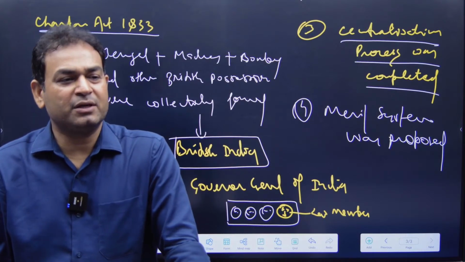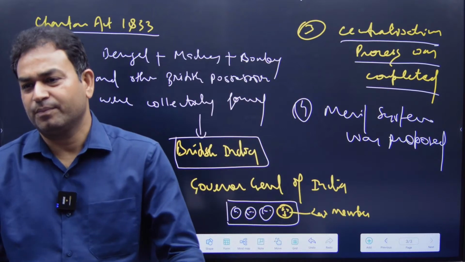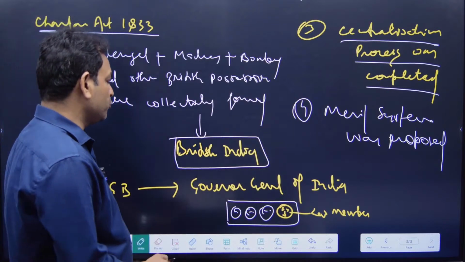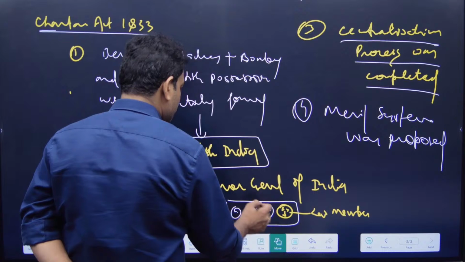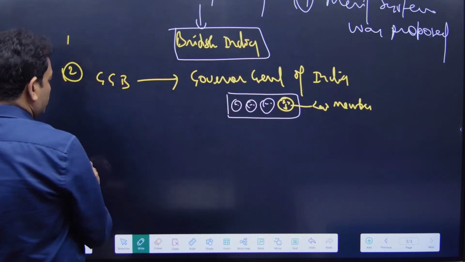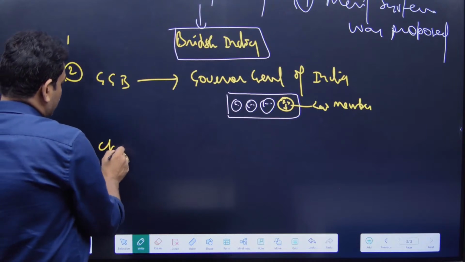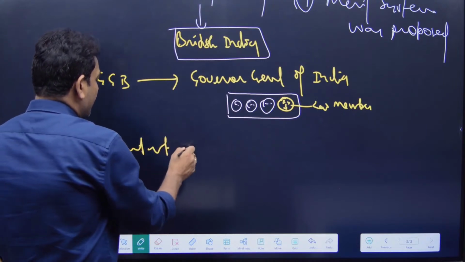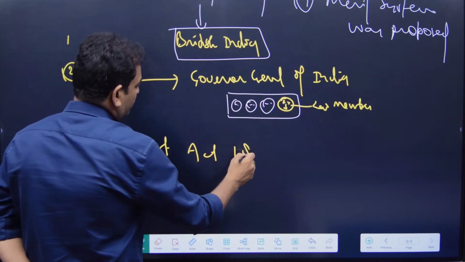The British government was completely aloof, and it introduced the fourth charter: the Charter Act 1853.